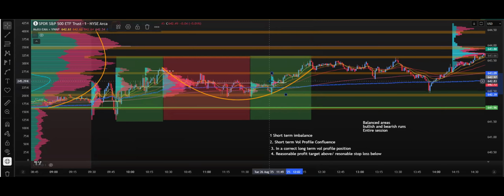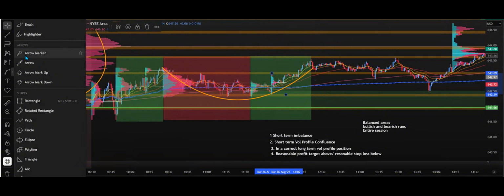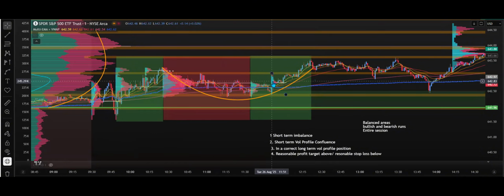And so what's happening here is it doesn't come back to support this point of control, right? It doesn't come back to support the long-term point of control. This is going to be your low volume node support. So if you look, let's just go ahead and pull this one forward.